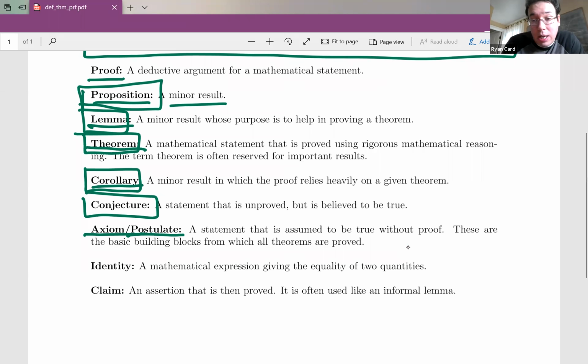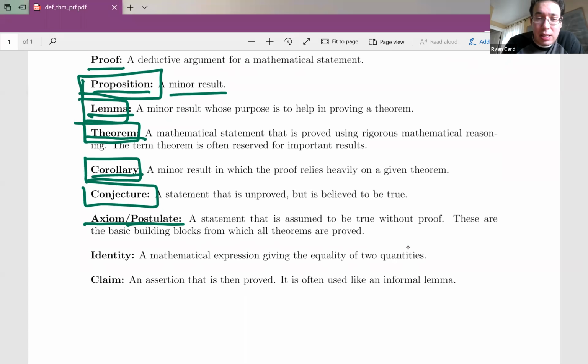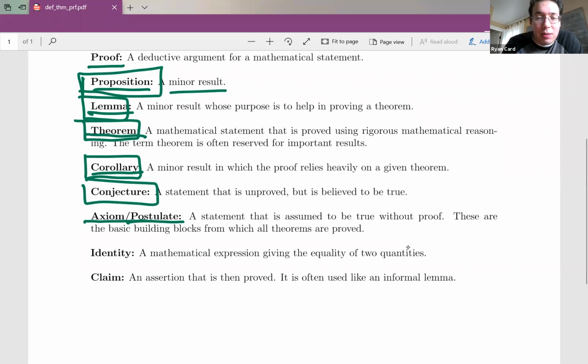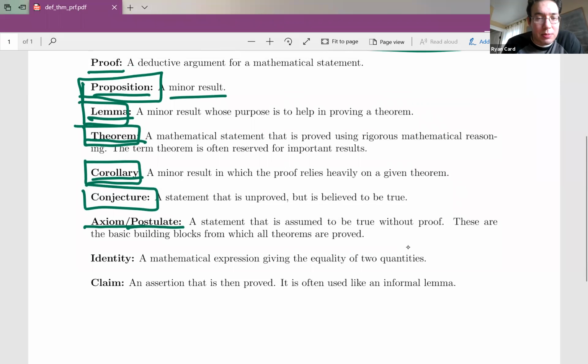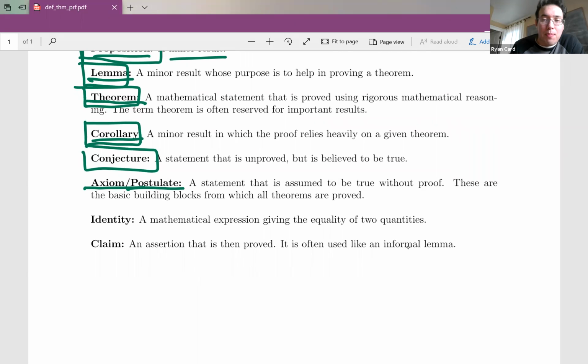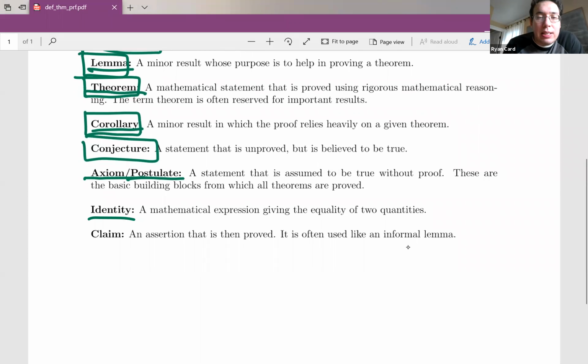We accept them without proof, but usually mathematical axioms are pretty reasonable.